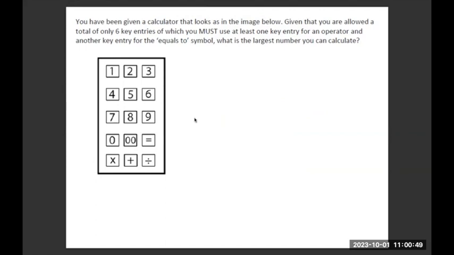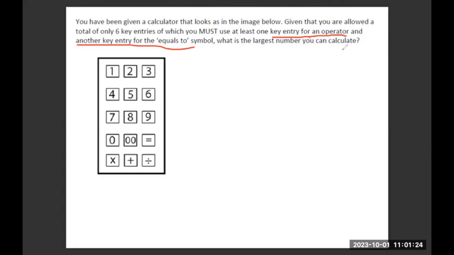You are given a calculator here. In the calculator, you can press only 6 key entries. However, you are given 2 conditions. Out of those 6 key entries, you have to press 1 as an operator. You have to press 1 key entry for an operator and another key entry for the equal to. So the last entry has to be equal to, which you cannot count. Out of the 6, one entry will be equal to.